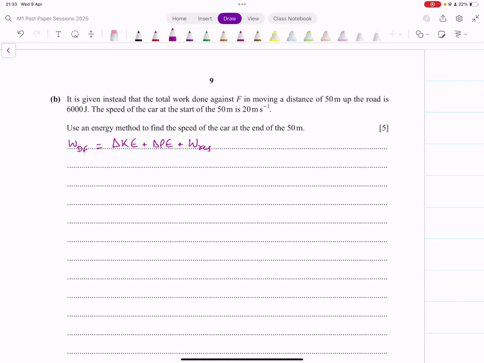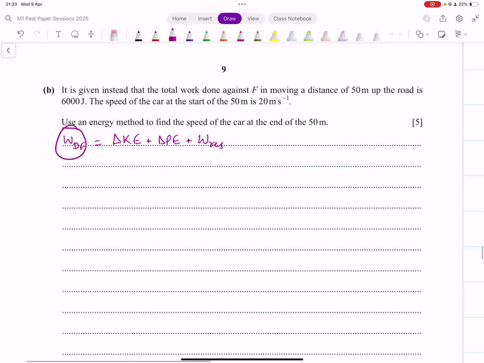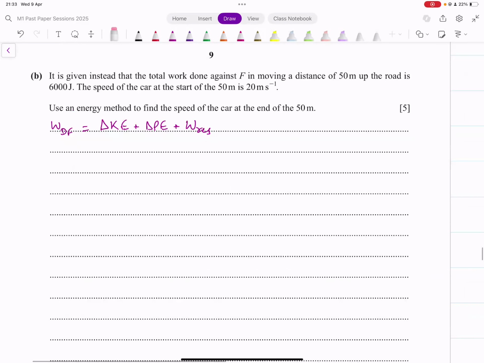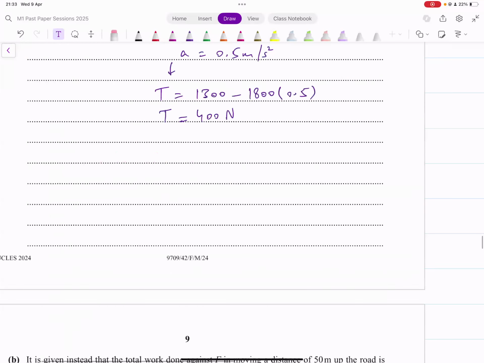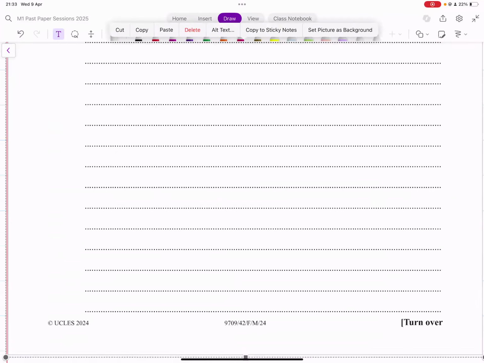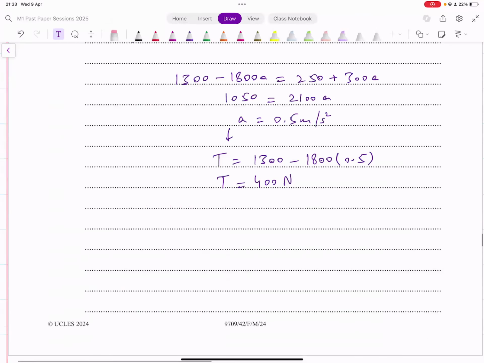This is the way that I generally use. Work done by driving force equals change in kinetic energy plus change in potential energy plus work done against resistance. That's what we have to use. Okay, now what we can do is we can just copy that diagram here. Copy this diagram.